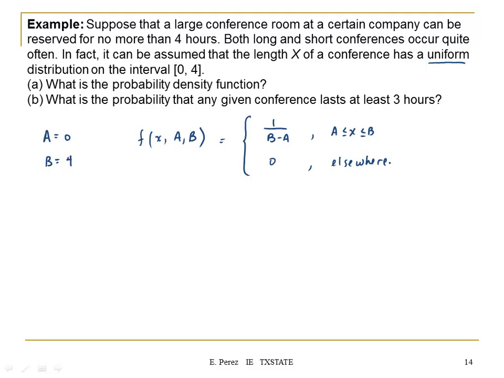Right? So part A, if you want to find the PDF, this is going to be equal to 1 over b minus a, so it's 1 over 4 minus 0, for x within 0 and 4, and 0 elsewhere.